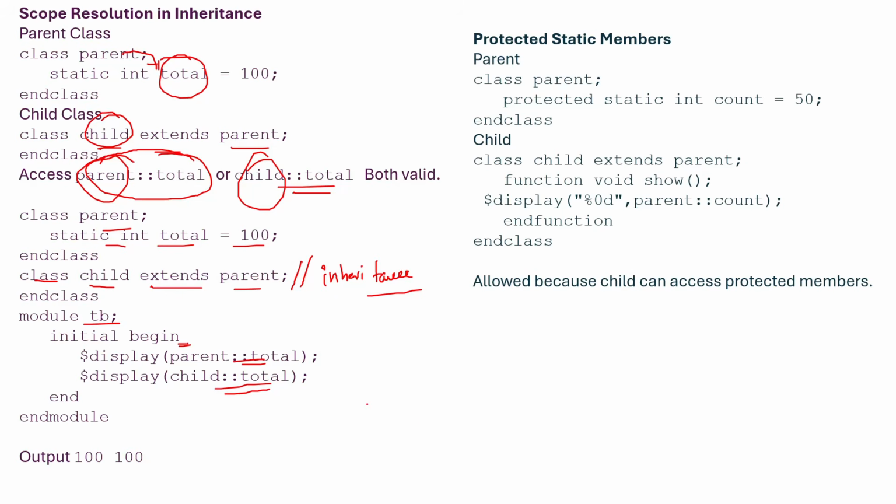It is allowed, because child can access the protected members. Local is only in your parent class, protected means child can also access that, and public anyone can access. I will explain that in more detail in the next class maybe.